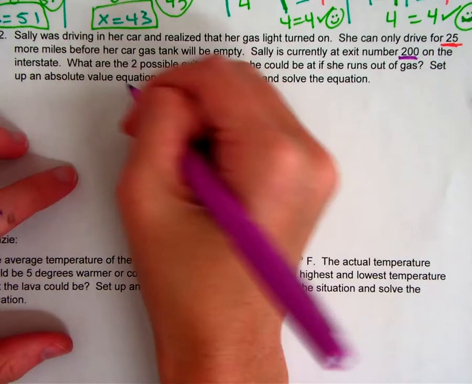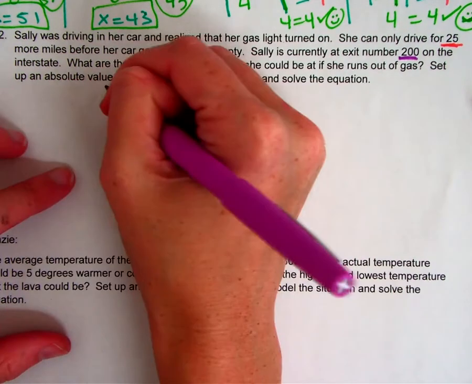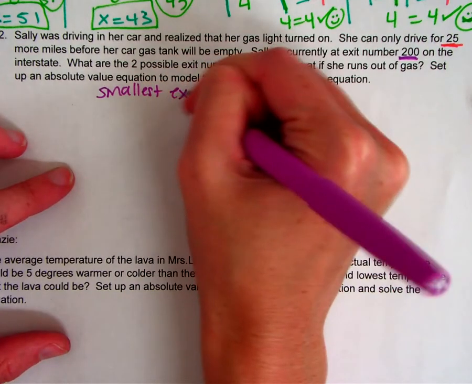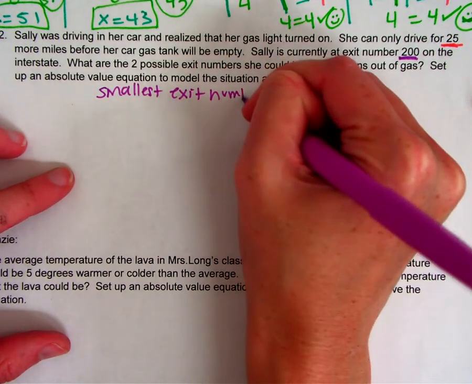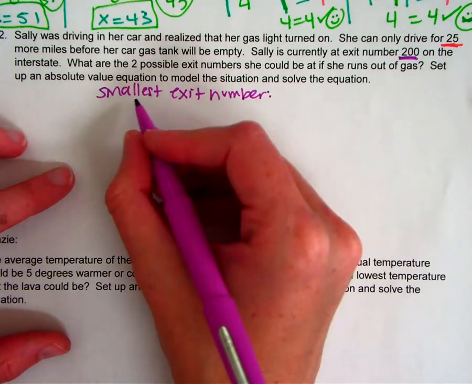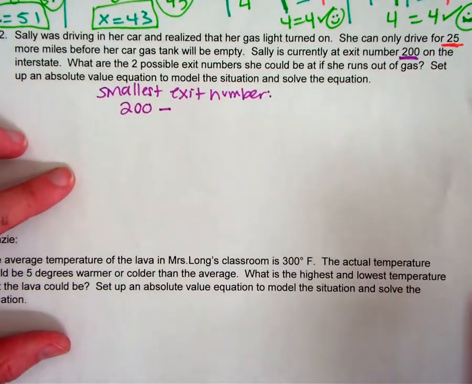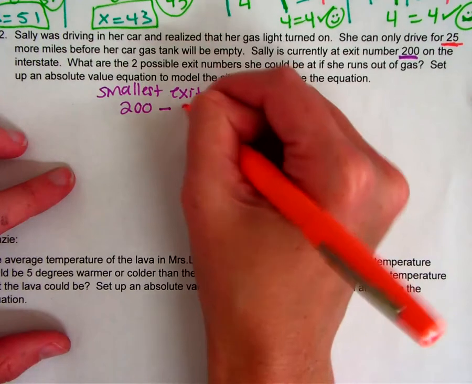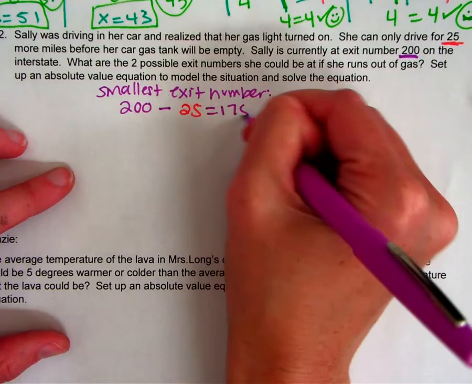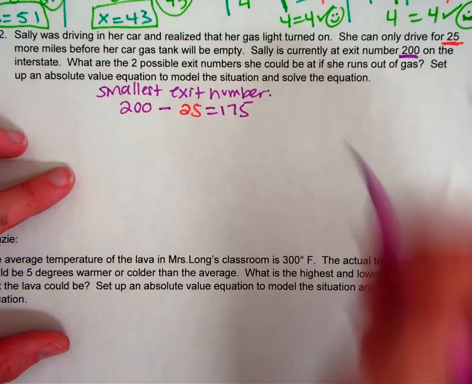So the lowest exit, the smallest exit number, is going to be, which I can write right here, 200 minus 25, which will give us 175. So Sally could be at exit 175 if that's the way that she's traveling.